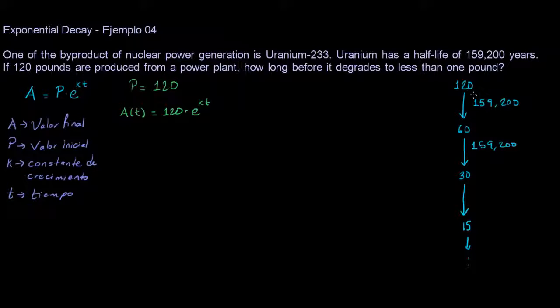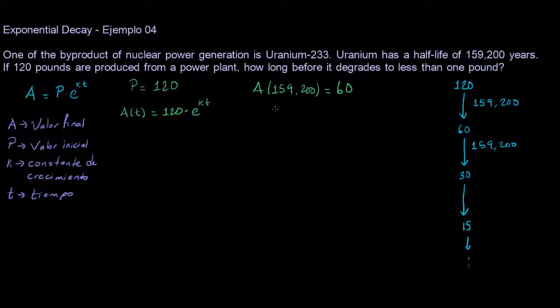We know that after these 159,200 years, the amount of uranium-233 will be equal to 60 pounds. So we can use this information to find the value of k. Let me show you how.